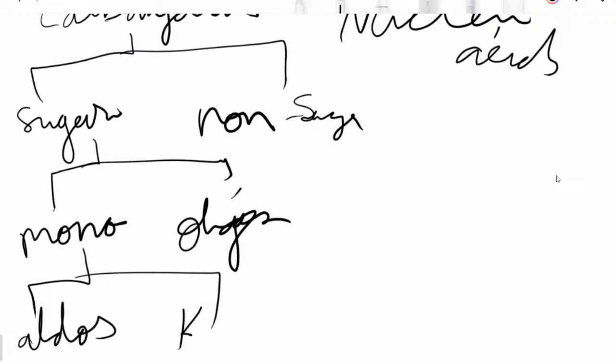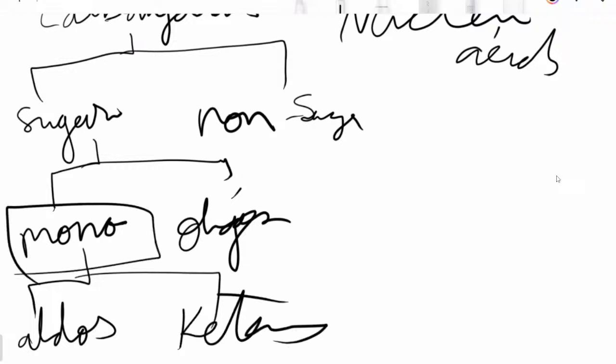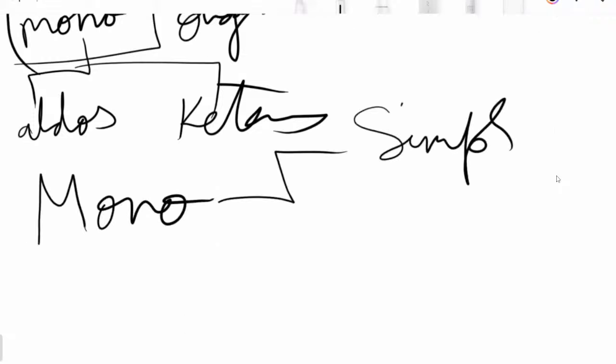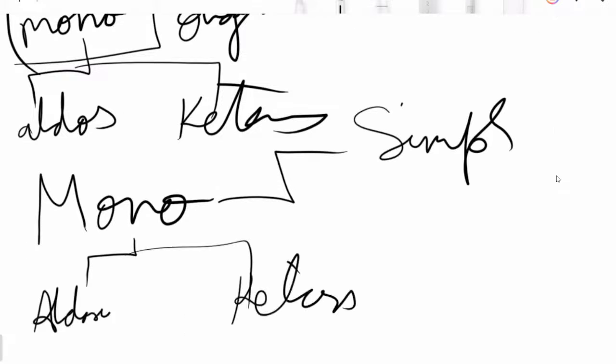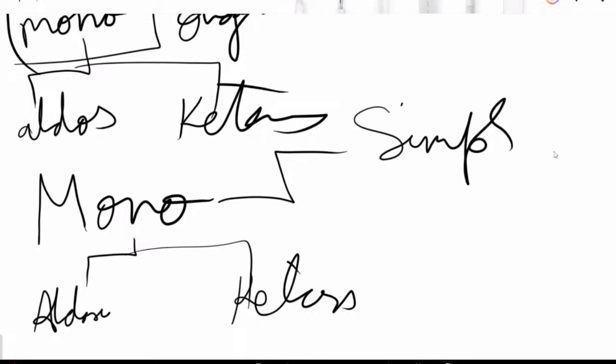If an aldehyde group is present in the monosaccharide, we call it an aldose. If a ketone group is present, we call it a ketose. So this is the basic idea of what monosaccharides are. I hope you understood. Let's move forward to the next question.